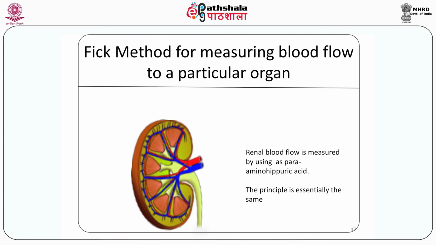Put simply, a non-metabolizable substance entering the kidney via the renal artery has 2 points of exit, one the renal vein and second the ureter. Para-aminohippurate, or commonly called PAH, is freely filtered, it is not reabsorbed, and it is secreted within the nephron. Therefore, this is used to determine renal blood flow.